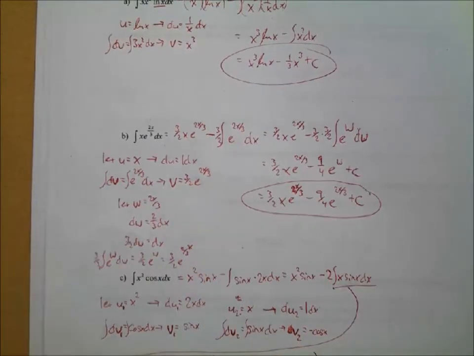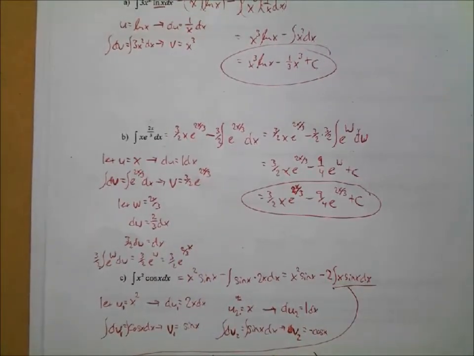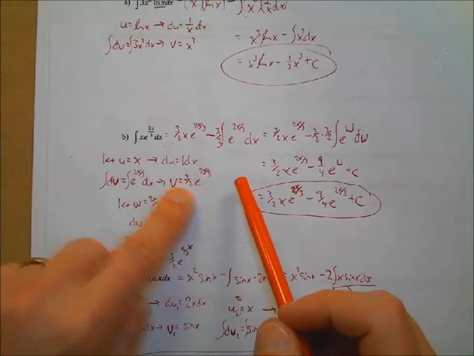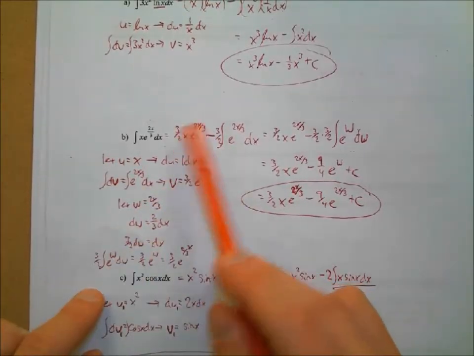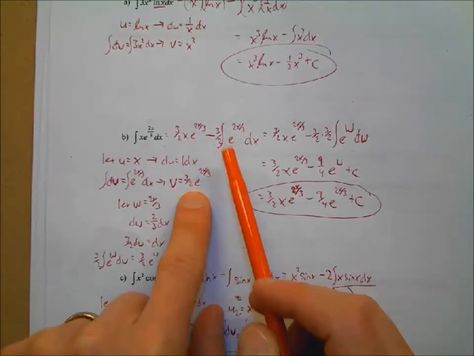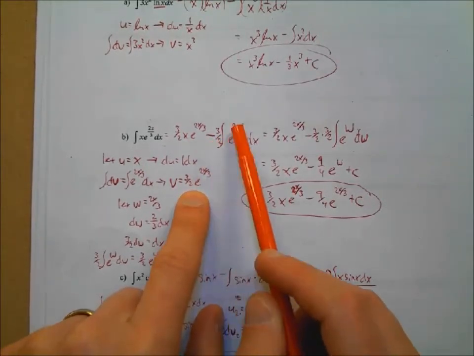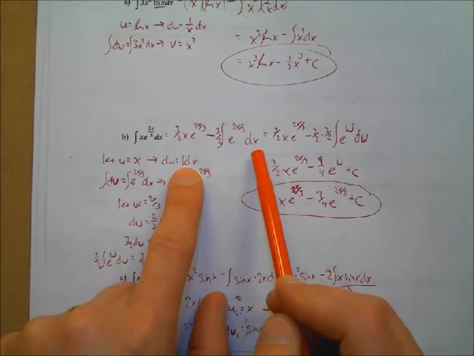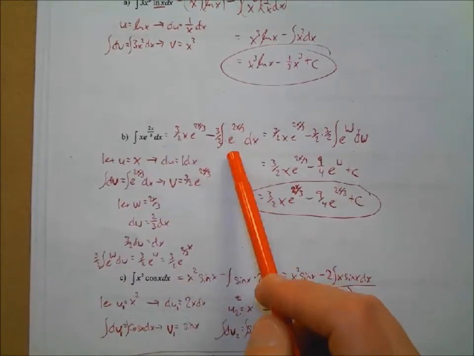And then I took my answer and put it right up there for where v was. Okay. Once we had those pieces, again, we did u times v, so 3 halves x e to the 2x over 3, right there, here's uv, minus the integral of v du. So v, 3 halves e to the 2x over 3, I put the 3 halves out front, and then du is just dx, so there's that. And then to integrate e to the 2x over 3, it's pretty straightforward, right?